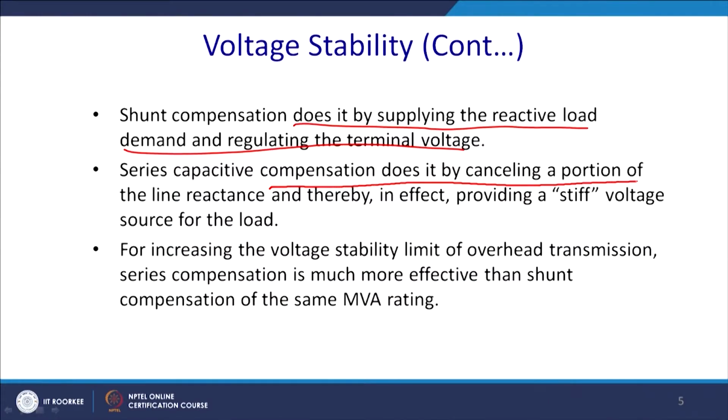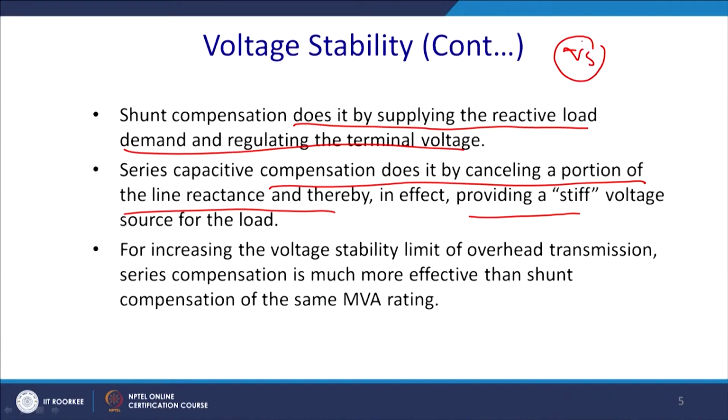Series capacitor compensation does it by cancelling a portion of the line impedance and thereby effectively providing a stiff voltage source to the load, because you assume that Vs is stiff, and the value of the inductance will be reducing.